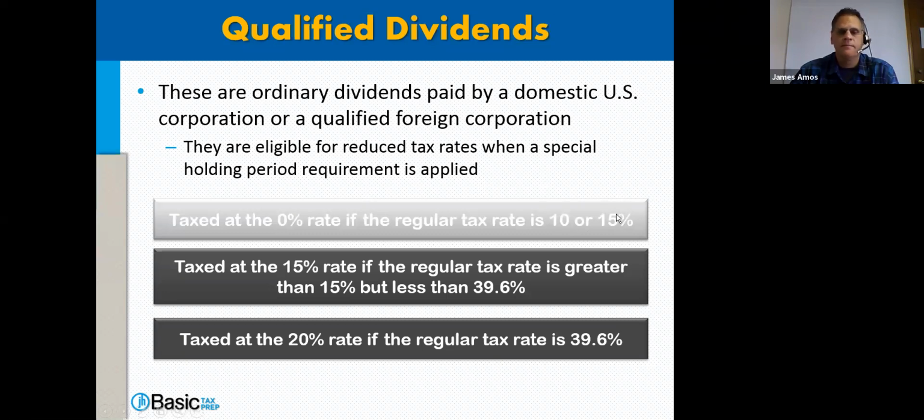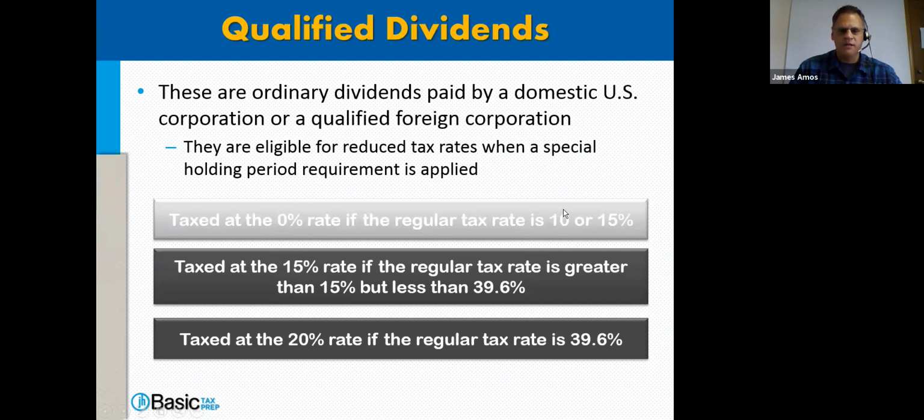That's exactly right. Now, I've got to let you know, this is where it gets a little more tricky for you guys who are right at the switch over from 2017 and earlier tax law to 2018 and later. They changed the tax rates. The qualified dividend rate is actually still 0, 15, or 20, but the regular tax rates have changed.